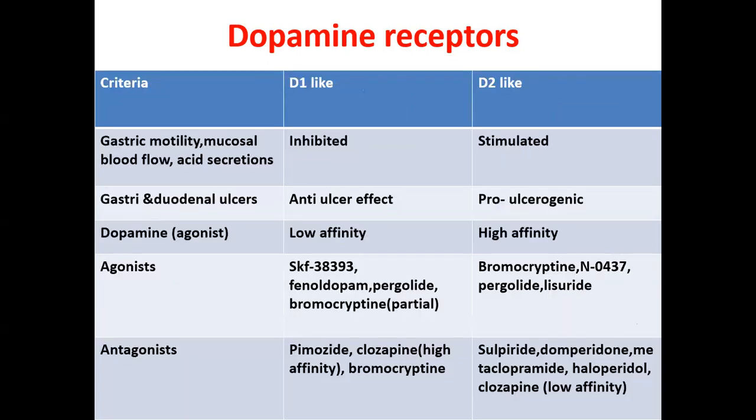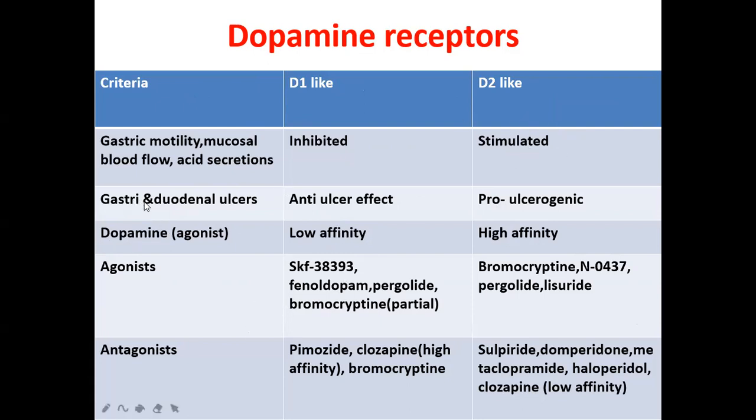Then we have the criteria. There are various criteria with respect to D1-like and D2-like receptors. When you talk about gastric motility, mucosal blood flow and acid secretions, they are inhibited by D1-like and stimulated by D2-like.